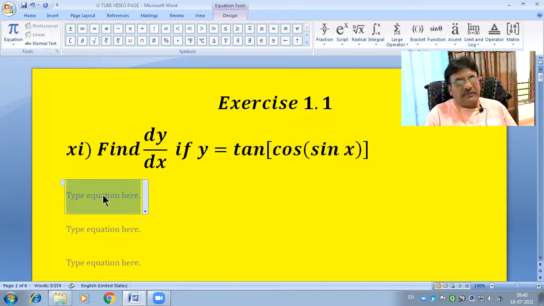This is the given function, and we differentiate it with respect to x to find d/dx of y, that is dy by dx.